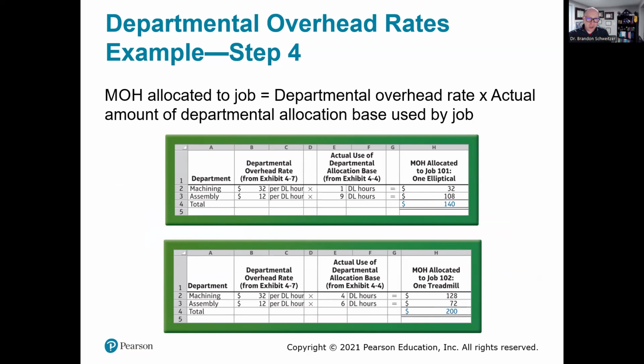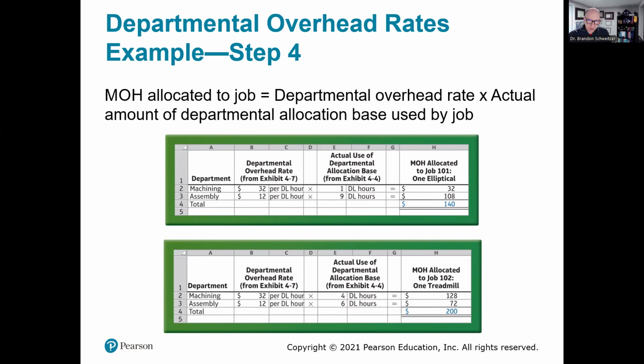For the machining department, we take our department overhead rate of $32 per hour and multiply that by the actual number of hours used. In this case, it's just one, so that gives us 32. For the assembly department, it was $12 per direct labor hour of overhead. We multiply that by the actual number of hours used. In this case, it's 9, and that gives us $108.